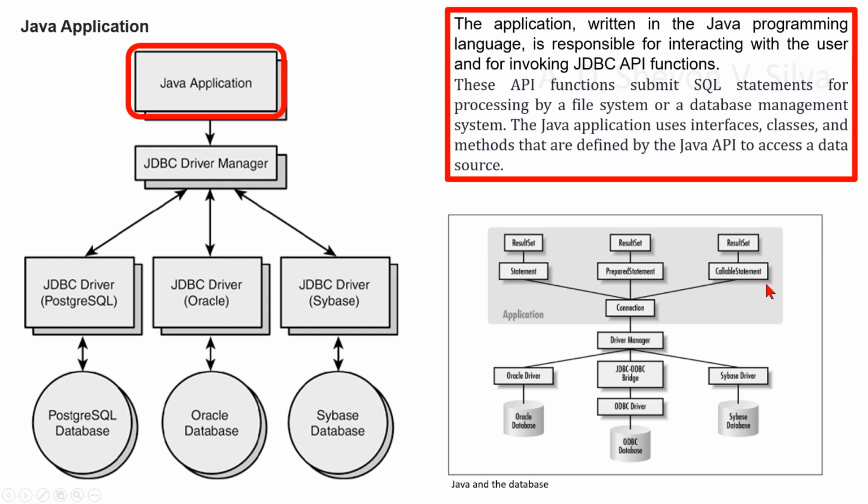This escape syntax has one form that includes a result parameter and one that does not. If used, the result parameter must be registered as an out parameter. The other parameters can be used for input, output, or both.